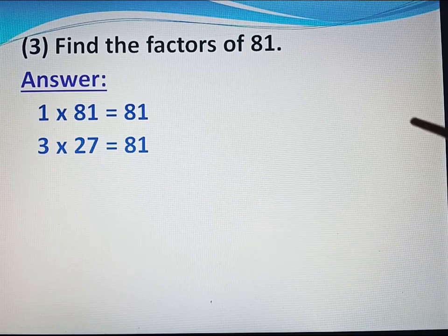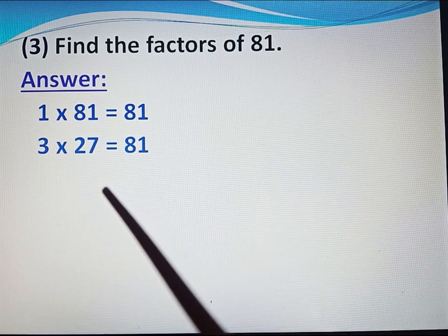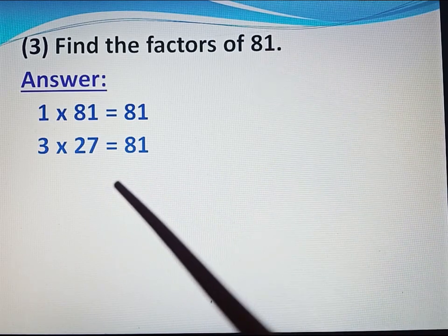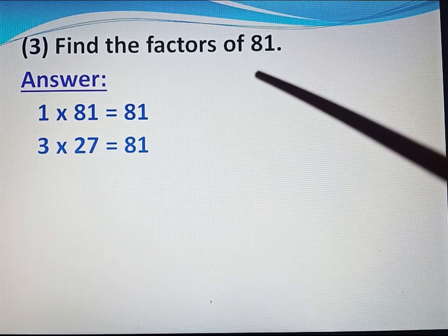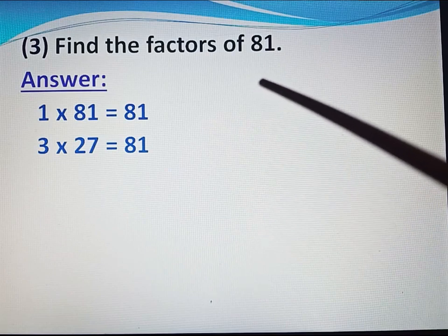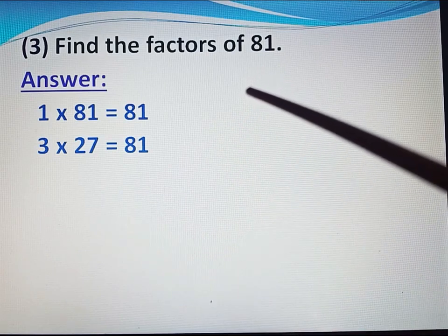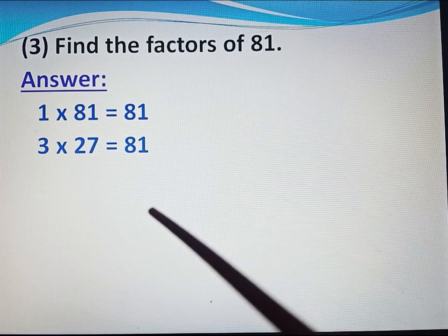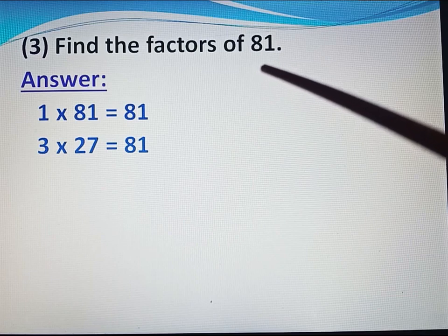Now this 81 is not divisible by 4. Now check 5, 81 is not divisible by 5. Now check 6. 81 is not divisible by 6. Next 81 is not divisible by 7. Next 81 is not divisible by 8. See 9. 81 is divisible by 9.